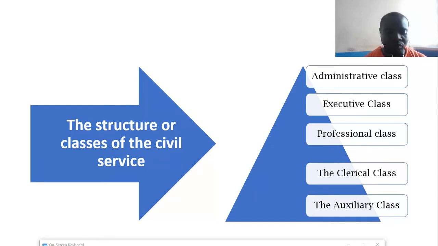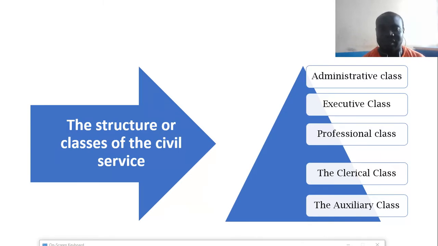Also, there must be an interview. Examples of those in this category are the directors, deputy directors, and assistant directors in the ministries.